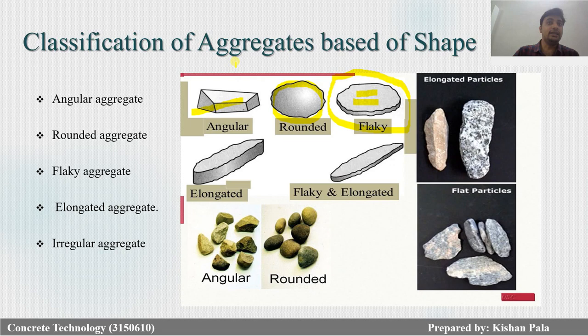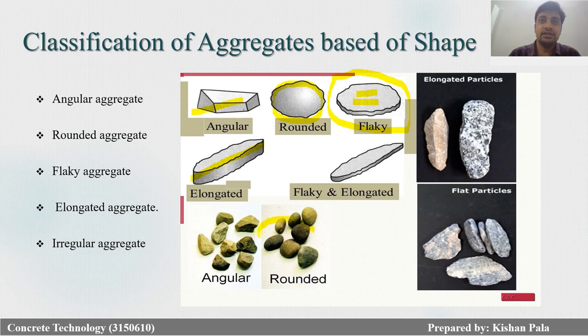And elongated aggregate, you can see in the photo the length of the aggregate is more, meaning the length of the aggregate is more than 180 percent as compared to the mean dimension of the aggregate, so it's known as the elongated aggregate.